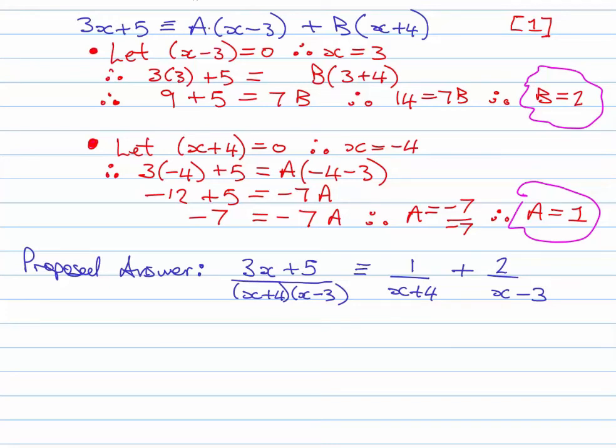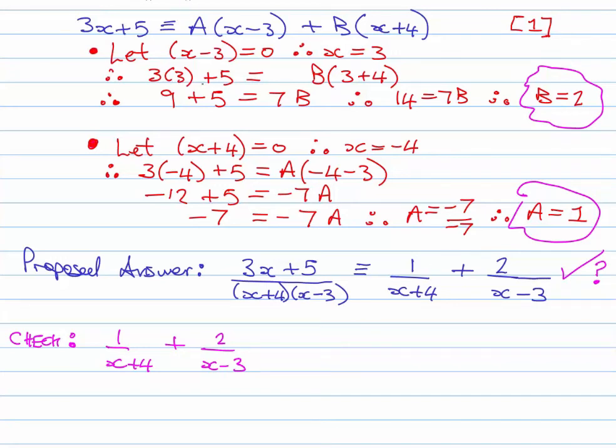What we're saying is that's the answer. What do you think? Let's do a check. Let's do a check on our proposed answer. 1 over x plus 4 plus 2 over x minus 3. Let's see if I can move that line over there, makes it look a bit better.